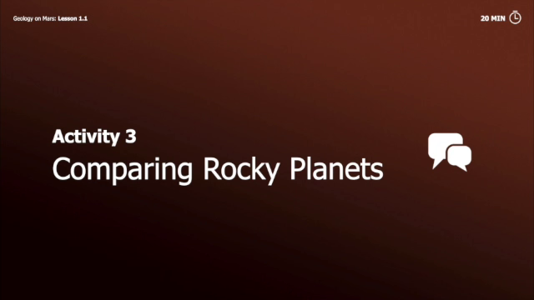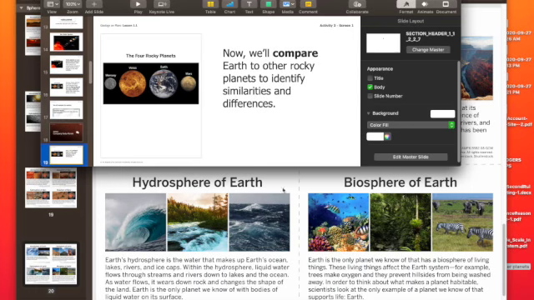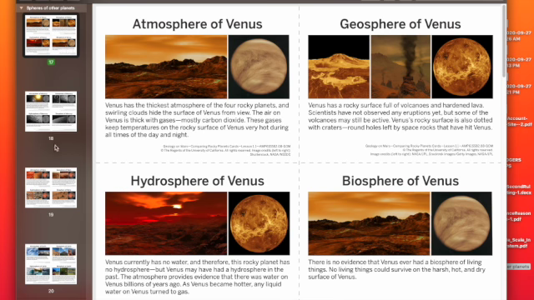So this activity is going to be a group activity. You're going to be in groups of 3 or 4, and you're going to compare the rocky planets. Each of your group will get 4 different cards.